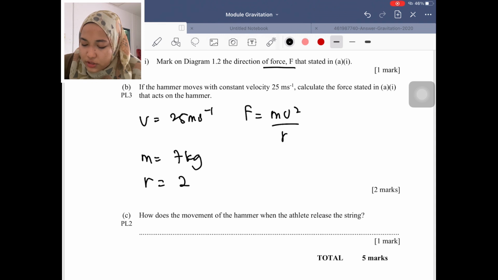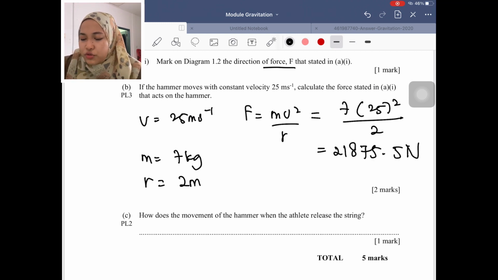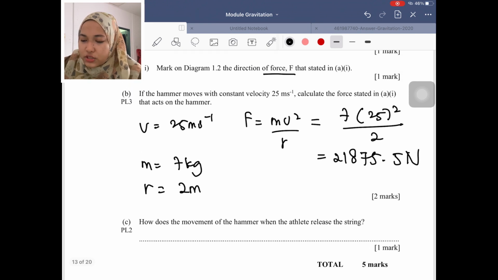So R is 2 meter. So kita boleh masukkan semua nilai 7 times 25 squared over 2. So kita akan dapat 21875.5 Newton. So this question carry 2 marks.